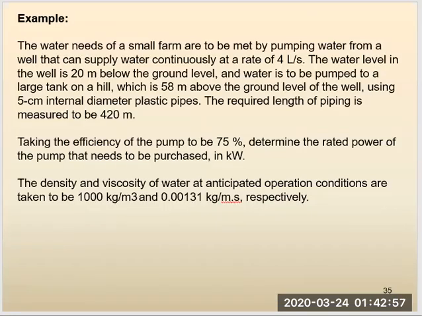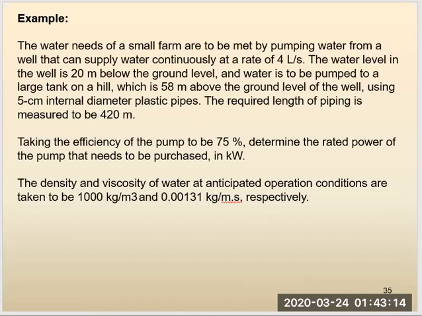Example. The water needs of a small farm are to be met by pumping water from a well that can supply water continuously at a rate of 4 liters per second.